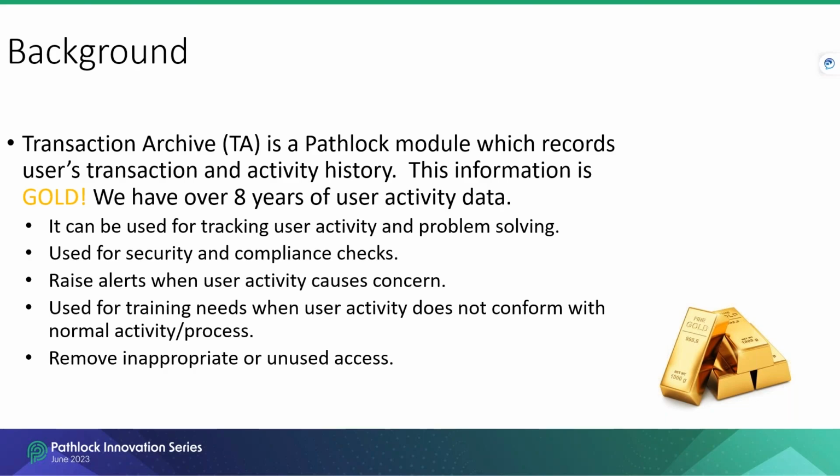We've been using it for tracking user activity and problem solving, security checks and compliance checks, and raising alerts when a user activity causes us concern, which will be discussed in detail in this presentation. We use it as a training aid when user activity doesn't conform to normal activity or processes, and to remove inappropriate or unused activities from the users. This data is invaluable to us, and we wish we could go back further.